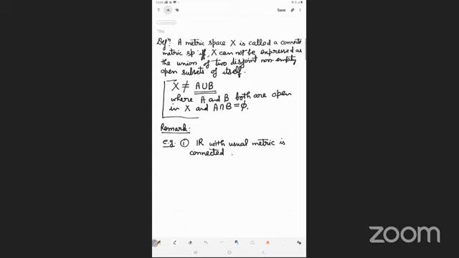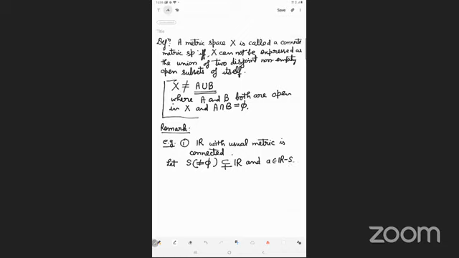Consider a proper non-empty subset, so let S be a subset which is different from phi and which is a proper subset of R, and we are considering a point A belonging to R minus S.